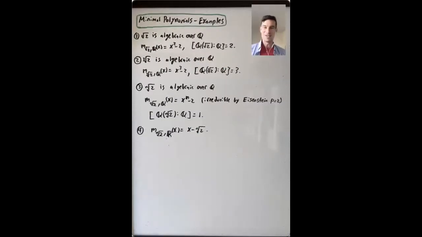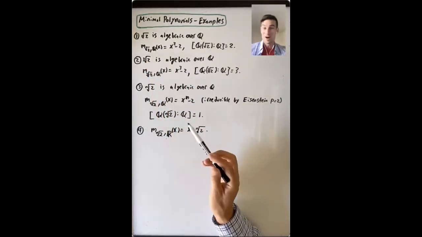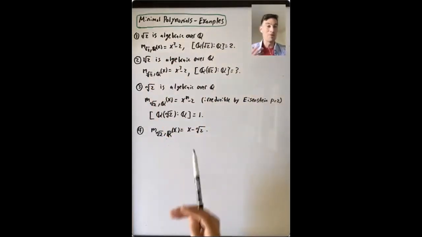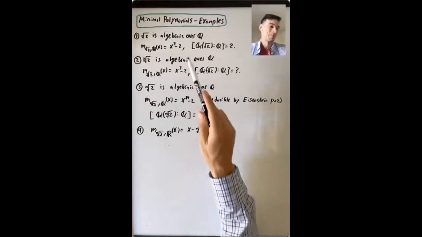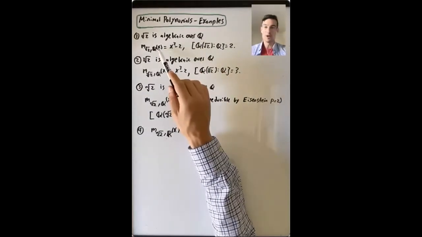I want to end this video with a few examples of minimal polynomials. Square root of 2, that's an element of R, which is an extension of Q. And I'm going to use the symbol square root of 2 to denote the positive square root of 2. So this is 1.414, and so on. This is algebraic over Q. What's the minimal polynomial?